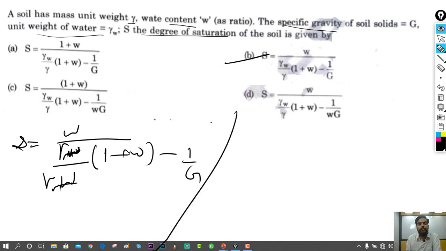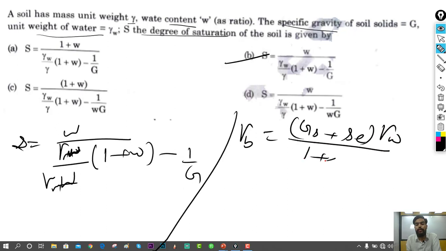Or guys, you can also derive this formula from the bulk unit weight. And what is bulk unit weight? Gamma B is equal to (G plus S e) into gamma W divided by (1 plus e). What you have to do here is put the S e value in this formula.